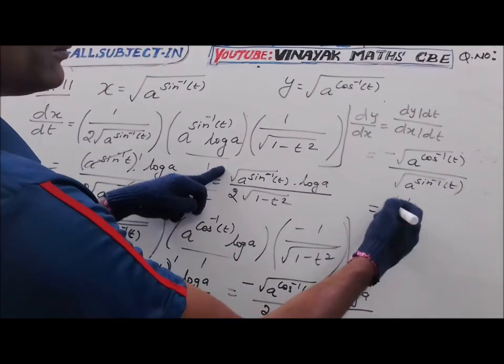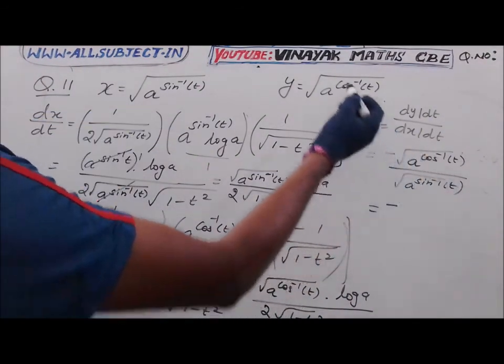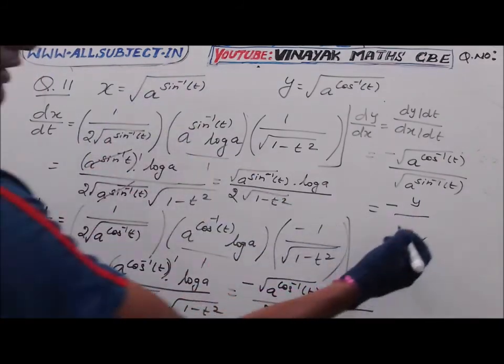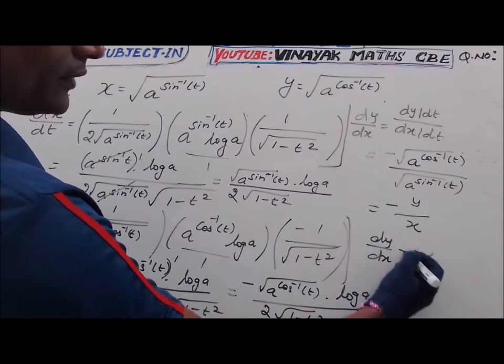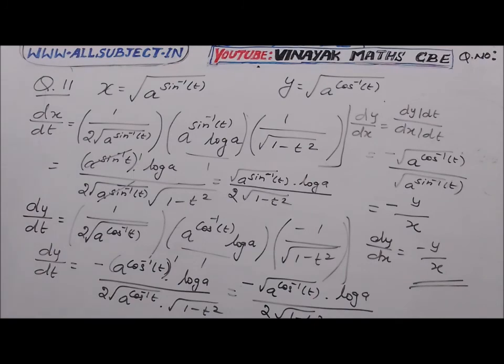This is equal to minus root of a to the power cos inverse t, which is y, divided by root of a to the power sin inverse t, which is x. Therefore the required dy by dx is equal to minus y by x.